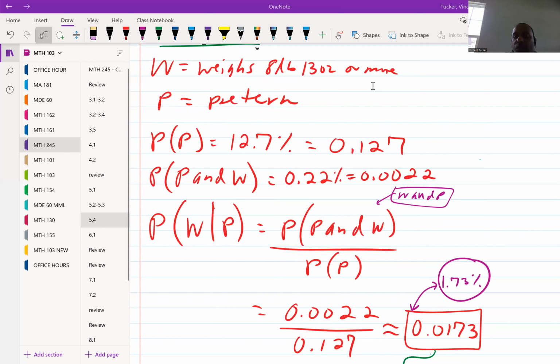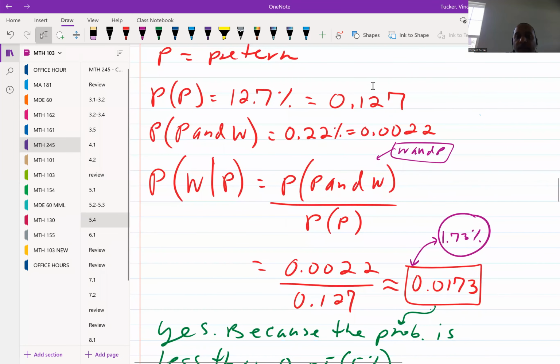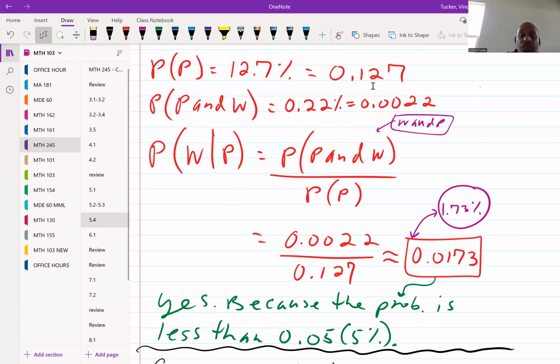So 0.0173, that's 1.73%. You will convert it back to a percentage. And so the question was, is this unusual? The answer is yes, because the probability is less than 5%. Remember, we said that was our marker for unusual probabilities.